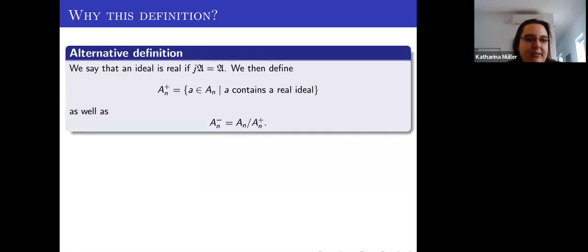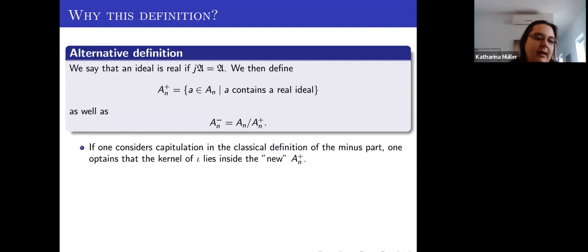And this definition might seem a little bit arbitrary, so let me explain why we use this definition. If one considers capitulation in the classical definition, so in the one where we defined AN minus as the -1 eigenspace, then one obtains that the kernel of iota lies inside the new AM plus.